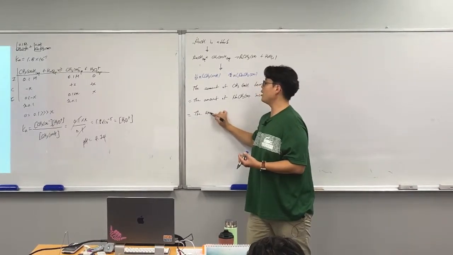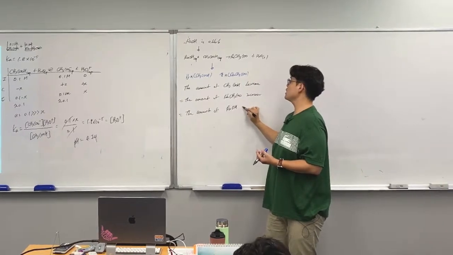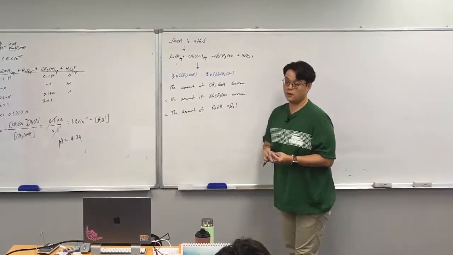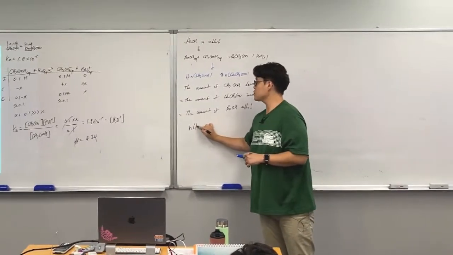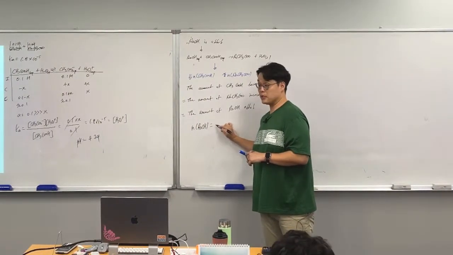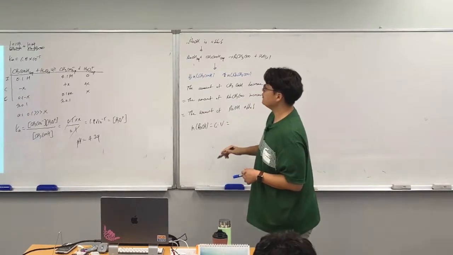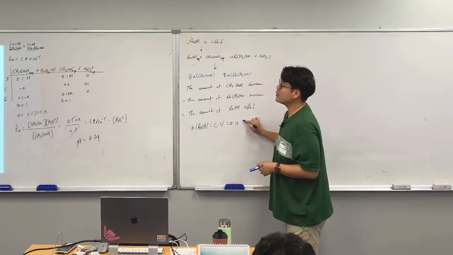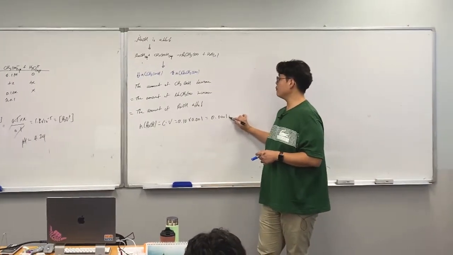The amount of the sodium hydroxide added. In other words, N of the sodium hydroxide that we added can be found as CV. From that, given 0.10 times 0.001, giving you 0.0001 mole.